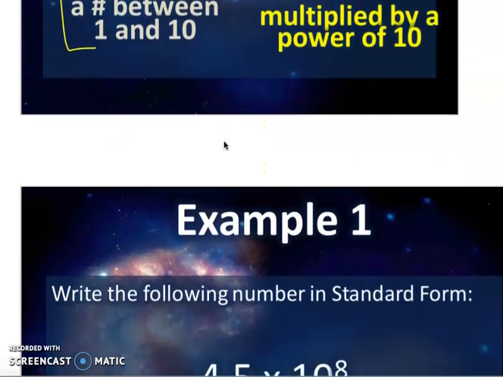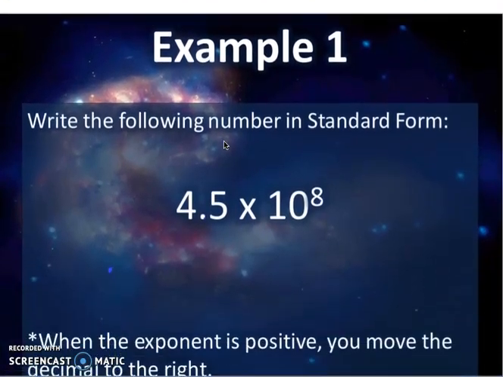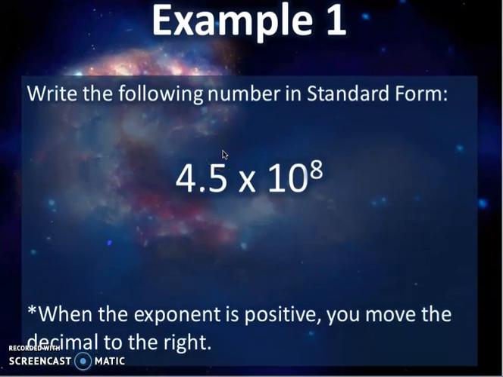Okay, let's start an example. Write the following number in standard form. So I'm given this number in scientific form, and it's asking me to rewrite it in standard form, which is just the number itself, like all of the numbers from our previous examples. So looking at this, I don't really know what this means, 4.5 times 10 to the power of 8, but when I'm looking at this, I only have a 4 in front of the decimal point.